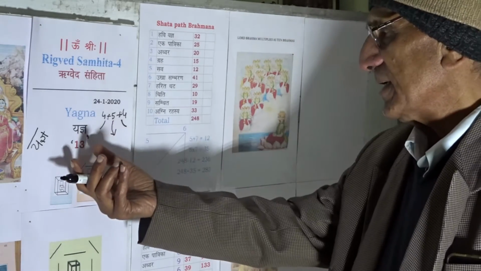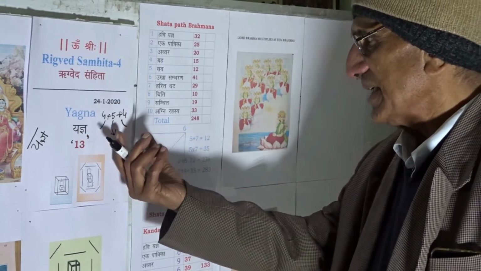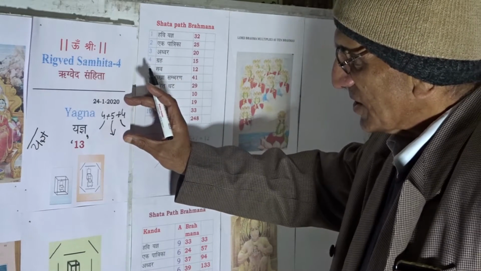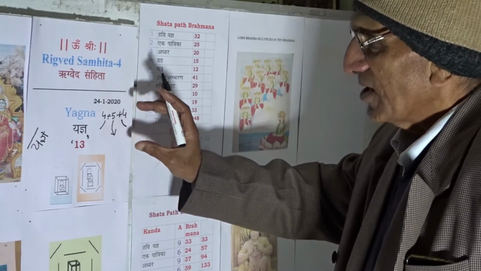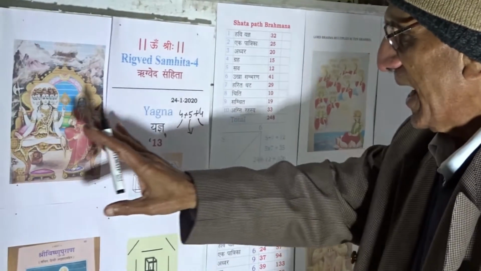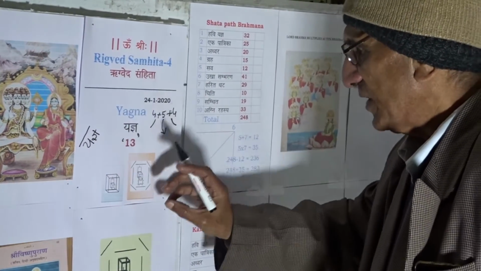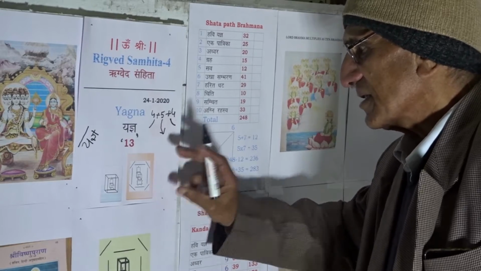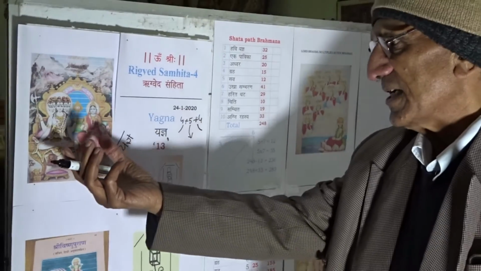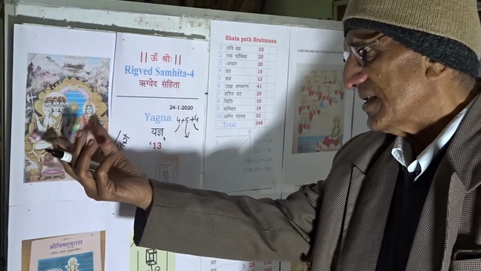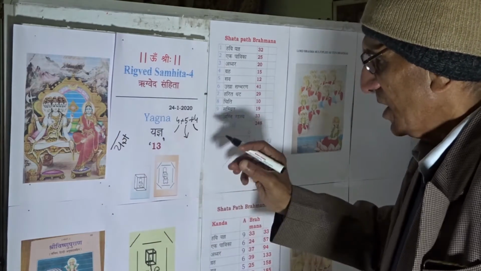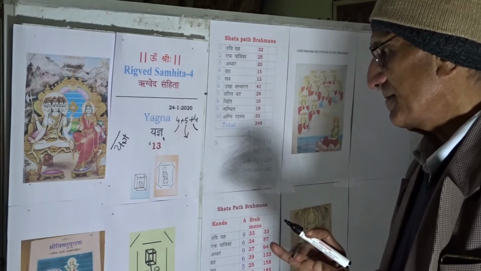So yajna as such is an organization chase of the transcendental domain emanating from within the creator's space. The transcendental domain is playing the role of an origin of the creator's space.